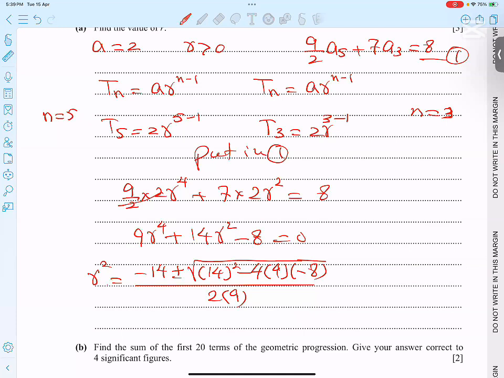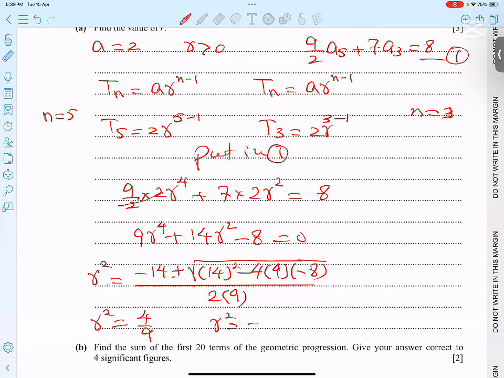So I am typing it in the calculator: 4 into 9 into -8 by 18, and I get r to the power 2 equal to 4 over 9, one answer. And the second answer, if I go for the negative sign, what do I get?